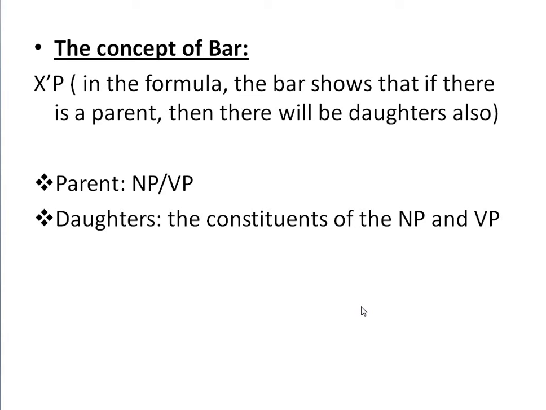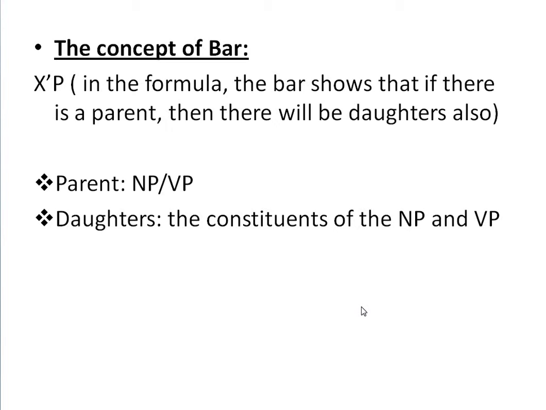In the previous lectures we have studied the concept of nodes, the parent and the sister nodes. Now consider the parent as a noun phrase or verb phrase, the main parents after the sentence, as we divide the sentence into two main parts, a noun phrase and a verb phrase.